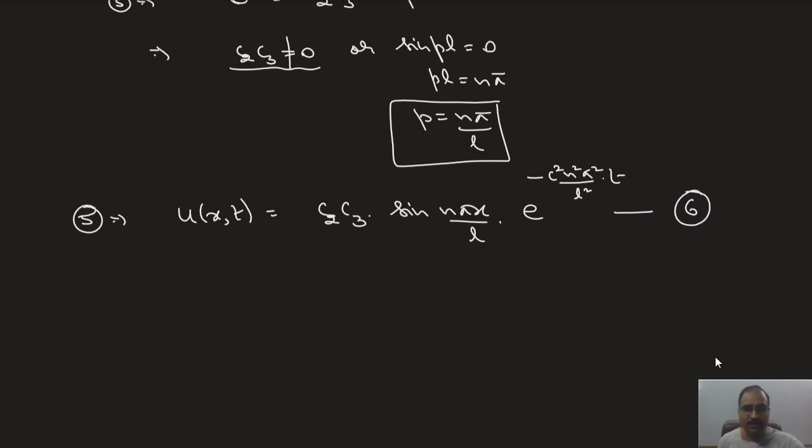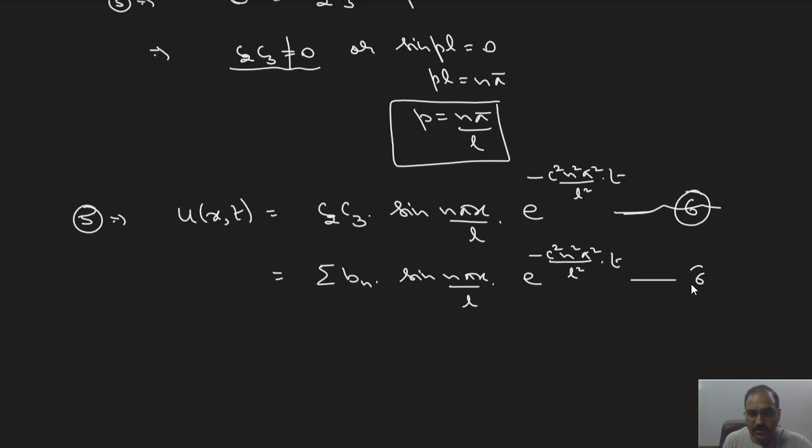I think till this step it is clear to everyone. Now we have to find the value of C2 C3. Basically it is Bn. I'll mention it over here, that is summation Bn into sine of n pi x by L e raised to power minus c square n square pi square over L square into t. This will be equation number 6.